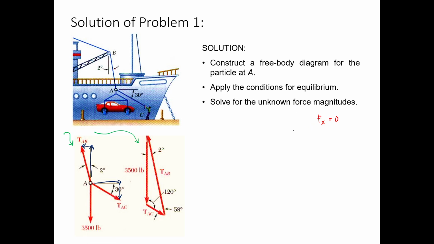So in this case, for the horizontal component of TAB, that's going to the left. So let's try to solve the positive version, meaning TAC, because it's going to the right.